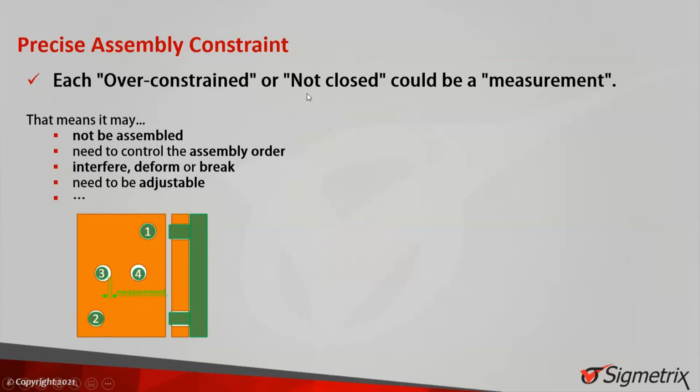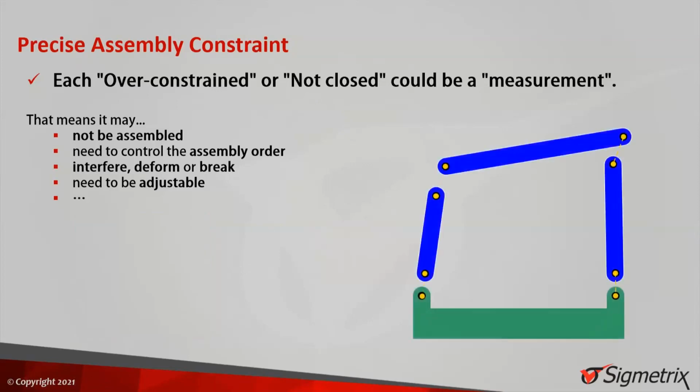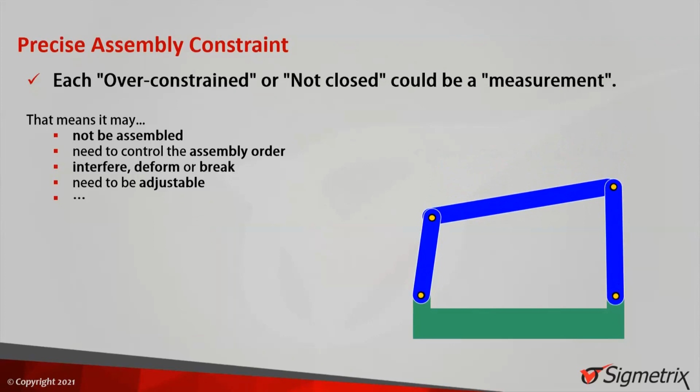Okay, what is not closed? You know that when you do a one-dimensional tolerance stack-up, you always try to find a closed-loop dimensional chain, right? In 3D dimensional tolerances it is a similar concept, but it is all automatic. In CETOL, based on your assembly constraints, it automatically checks whether the loop is closed or not.